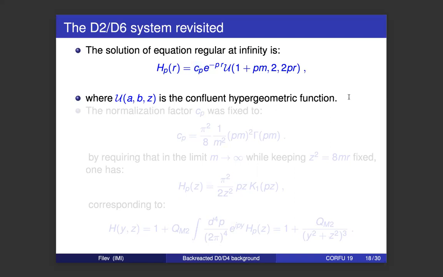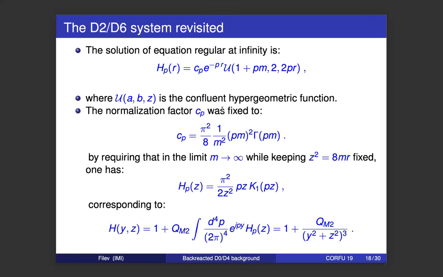They used a very special property of the Taub-NUT geometry: when you look at the center of the Taub-NUT geometry, it becomes flat. This allowed them to fix the normalization constant to that.